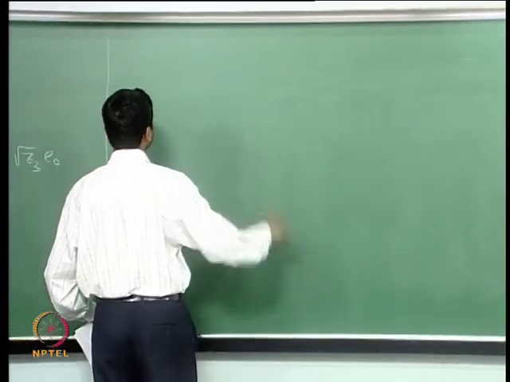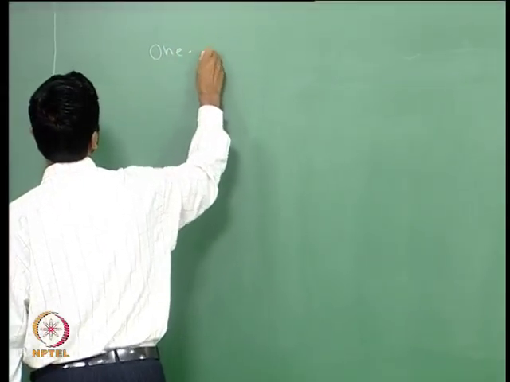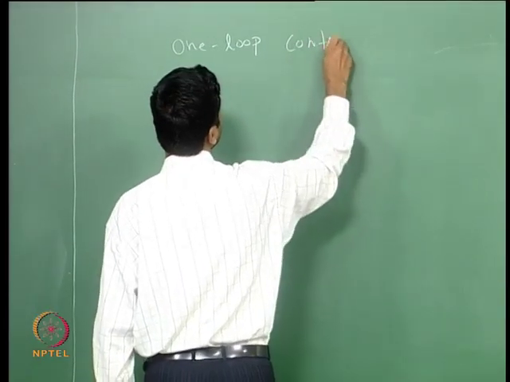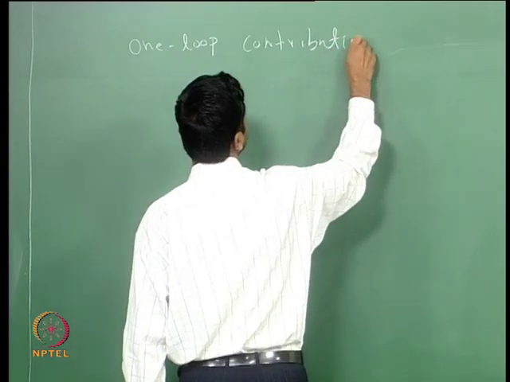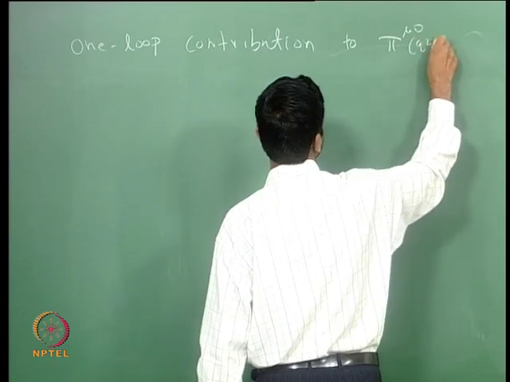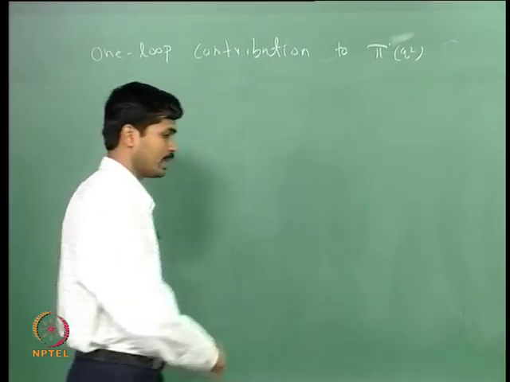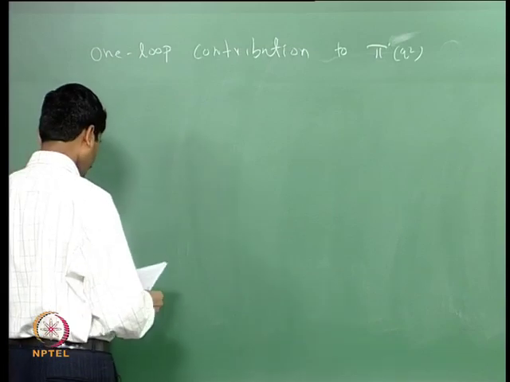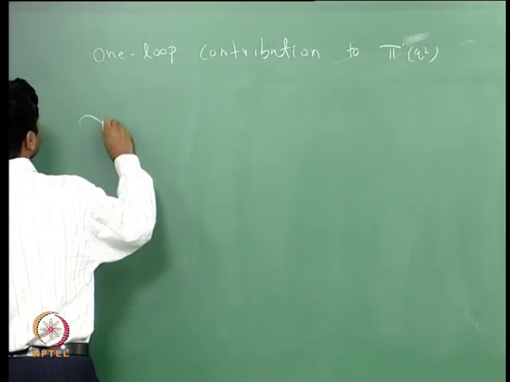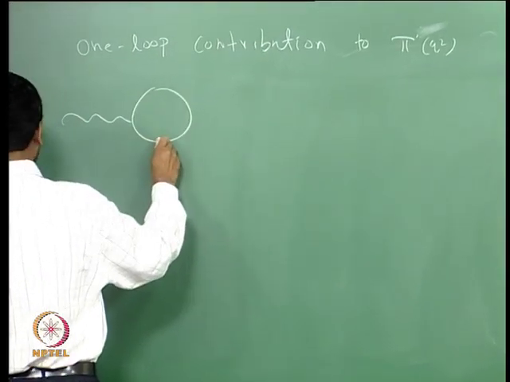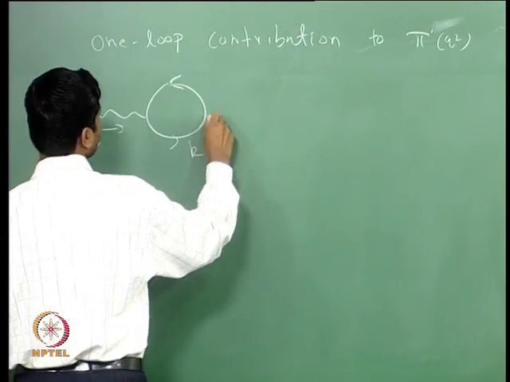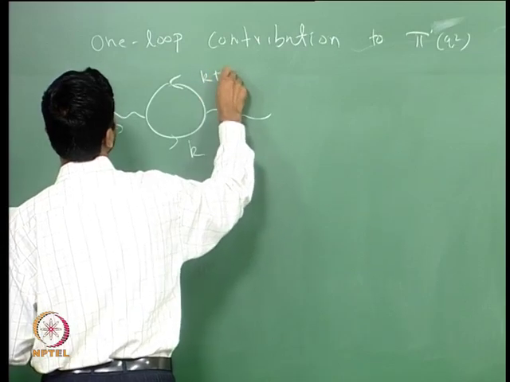What we would like to do is compute the one loop contribution to pi mu nu of q squared, or simply pi of q squared, equivalently. So again, we need to consider this diagram here. This is q, this is k, and this is k plus q.